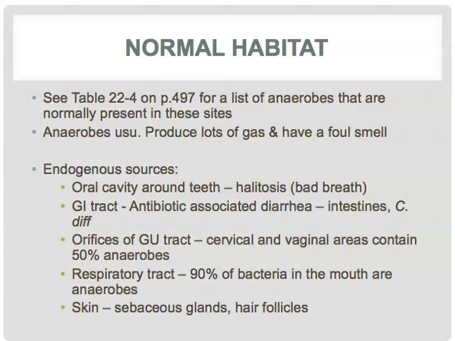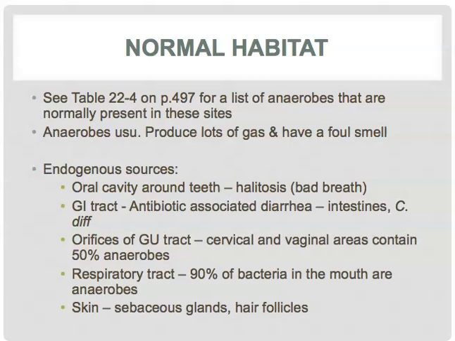Some endogenous sources would be in the oral cavity around the teeth, and anaerobic organisms are the causative agent of halitosis, which is just bad breath. In the GI tract, you would have organisms that are associated with antibiotic-associated diarrhea, and in the intestines, we've talked about C. difficile before.